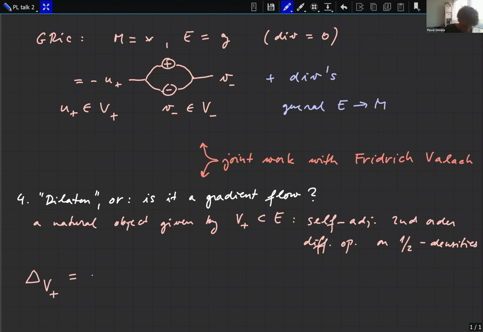So first of all, what is the symbol of the second order differential operator? The only natural thing is basically to take the pairing which is on V plus and push it down to TM. A differential operator having this kind of symbol is, okay, there is a coefficient 4, which for whatever reasons doesn't really matter, times the Lie derivative with respect to, okay, we need to choose an orthogonal frame, say, for V plus.